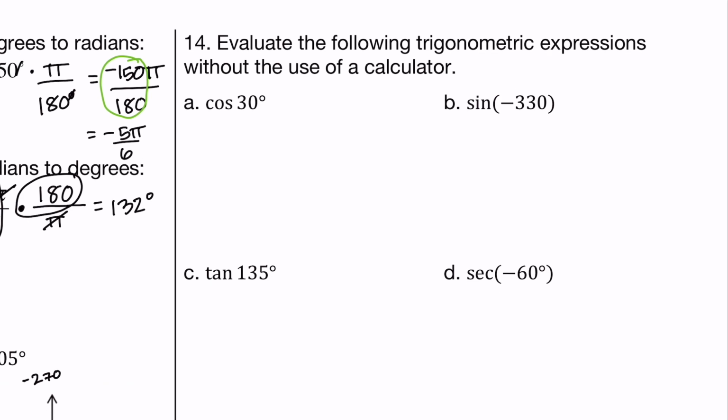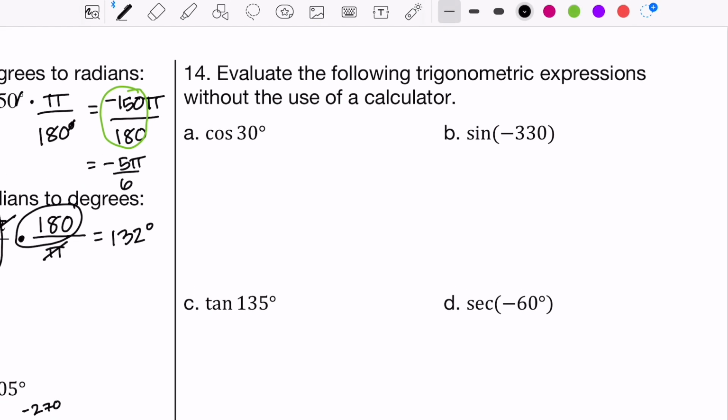But for this right here, cosine of 30 degrees, I encourage you to start by always labeling what you're going to find. So then we're going to graph 30 degrees. It's right here. Again, keeping it small. Connect it to the x-axis. Label it. This is small, large. And that reference angle is 30 degrees.